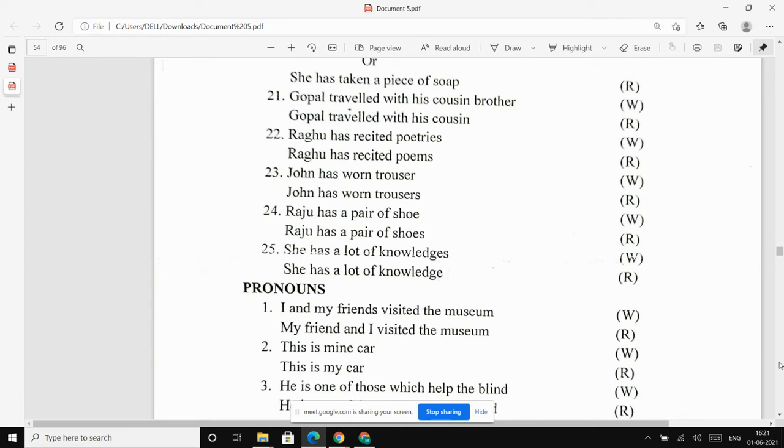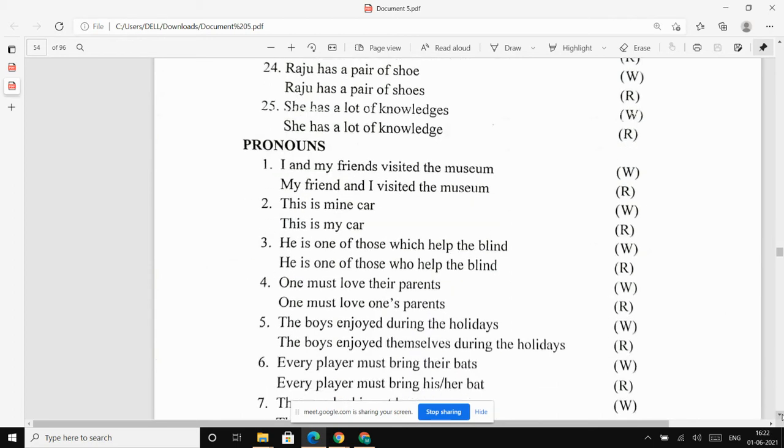Then now let us look at some of the corrections with the pronouns. See here, I and my friends visited the museum. So while using the pronoun, first we go with the third person, then second person, and at last with the first person. That is the rule we have to follow when we are using pronouns at the subjective case.